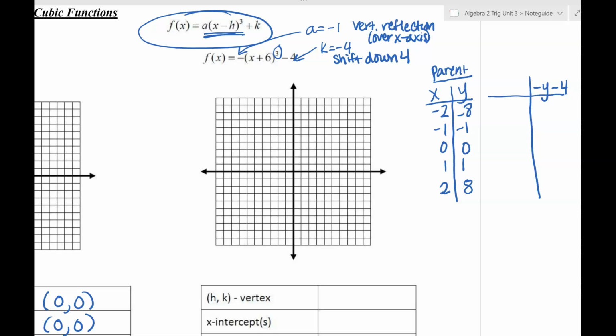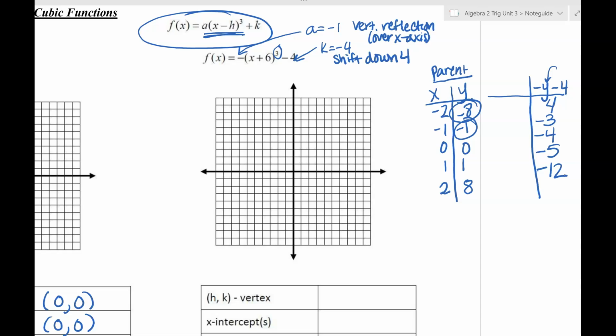And we can transform all of the y-coordinates with that arithmetic that does a reflection and a shift down. So if I plugged -8 into here, the opposite of -8 would be +8, minus 4 would be 4. The opposite of -1 would be +1, minus 4 is -3. 0 minus 4 is -4. -1 minus 4 is -5. -8 minus 4 is -12.